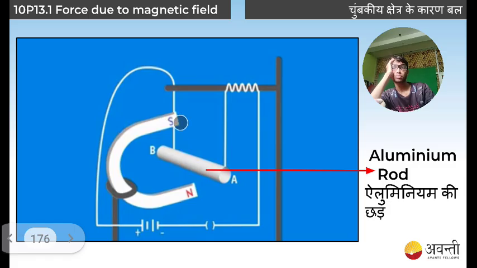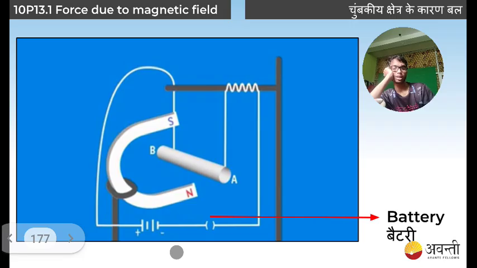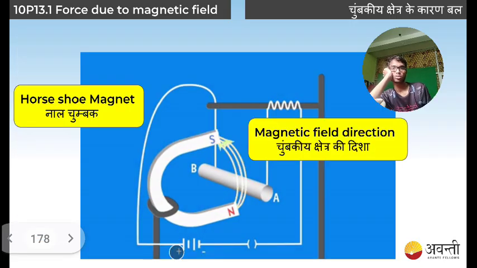Now this will hit on this surface when the switch is on, because this will attract. Here we have the aluminum rod, it will come like that. Here we have a battery. As we know, this will go like that.